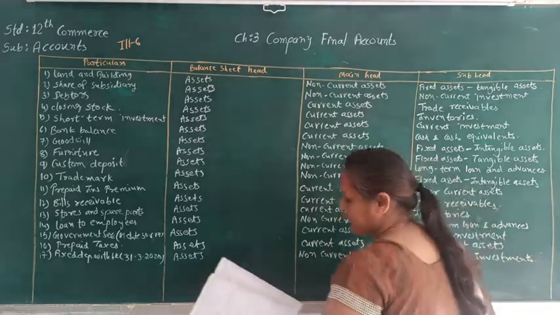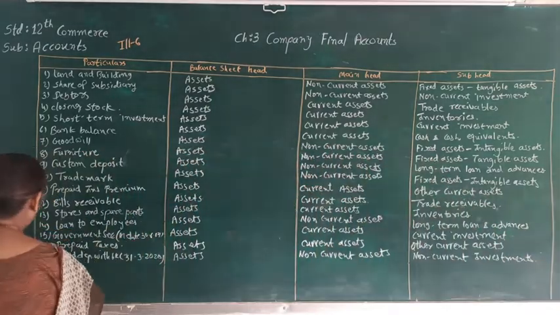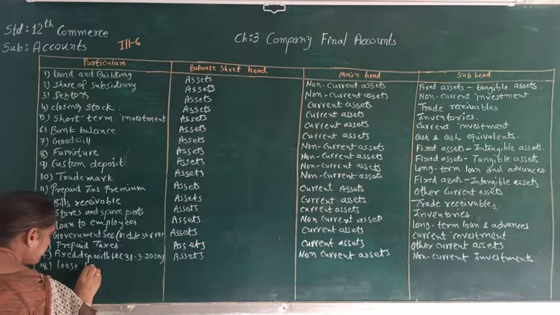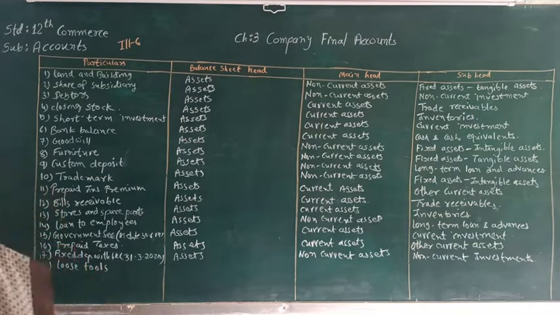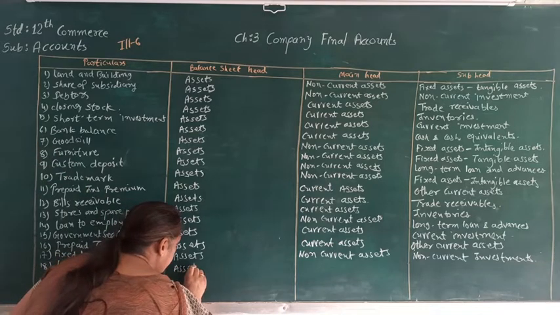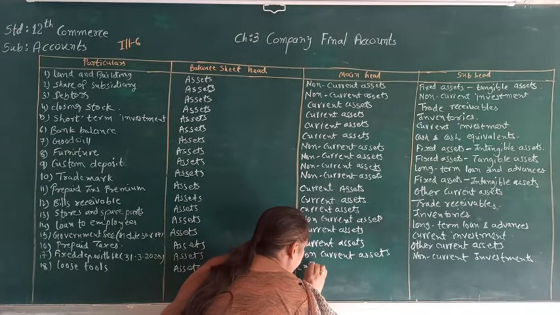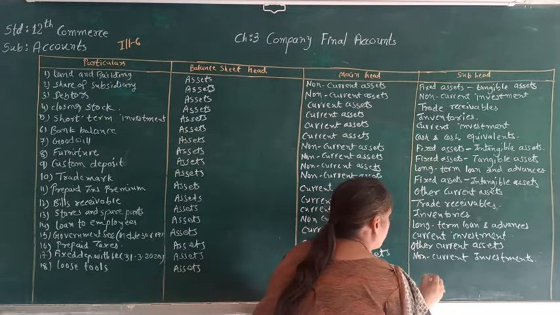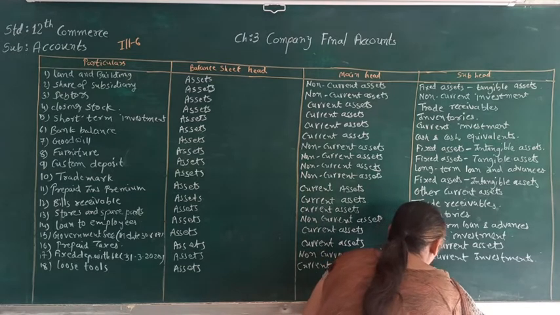Now let's see the next one is loose tools, number 18. And loose tools, as we know, is a current asset and inventory. And it will be an inventory of the business.